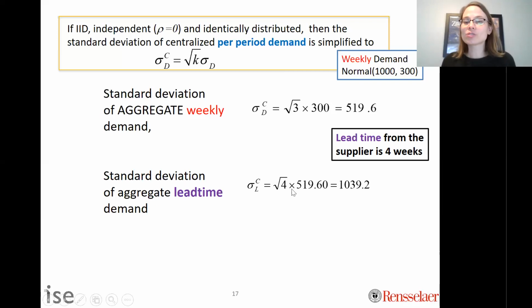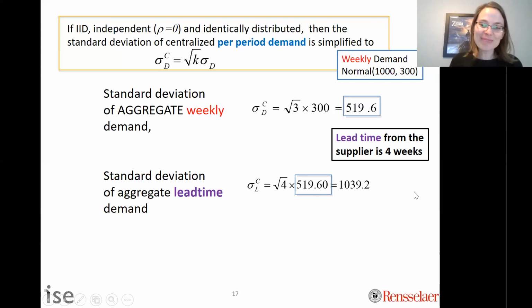We need to calculate the square root of L times the centralized per week value. And so here what we're doing is we're taking the weekly demand and we're just converting it now to a lead time of 4 weeks. And so now we have the standard deviation of aggregate or centralized inventory's lead time demand.